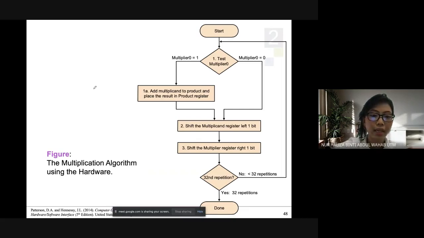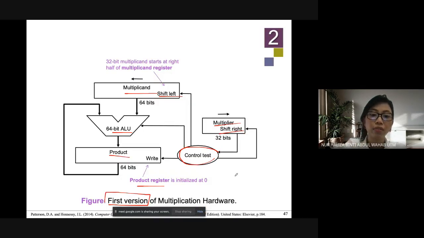Then you can see the multiplicand's algorithm using hardware, how it starts. First, it starts and then tests the multiplier, and then what happens. So add the multiplicand to the product, and if it is zero, the same goes here. If it is one, it is added like this, and then you will get the flowchart over here. This one is only for the first version.